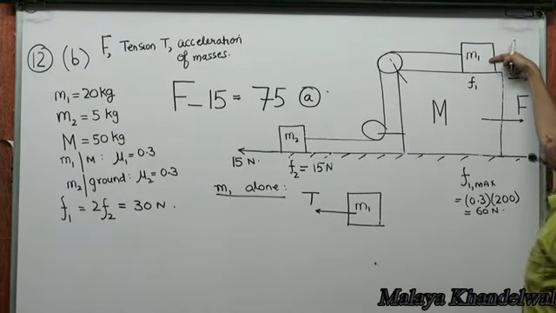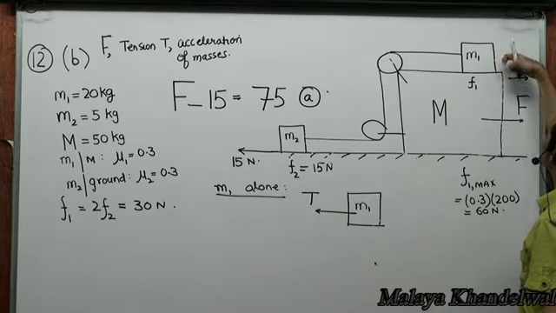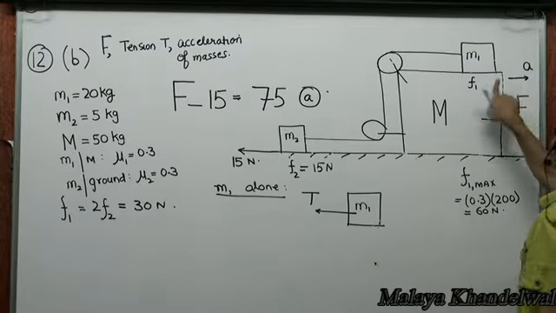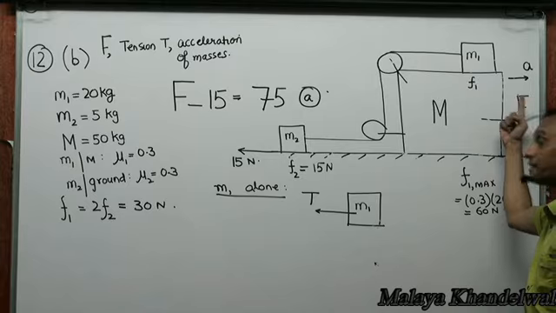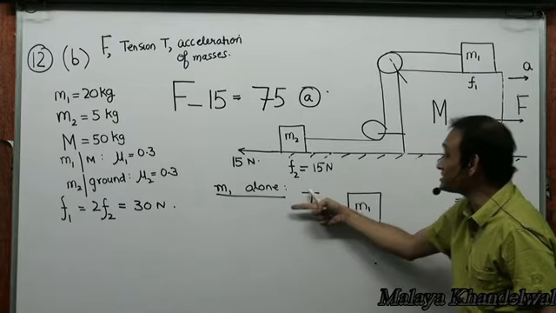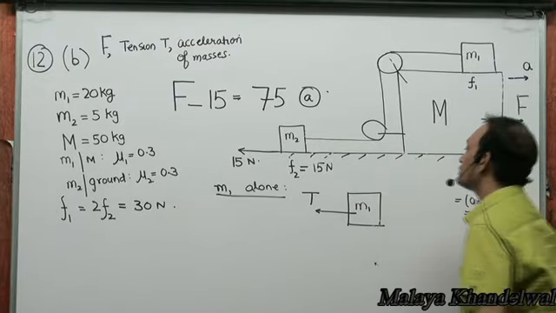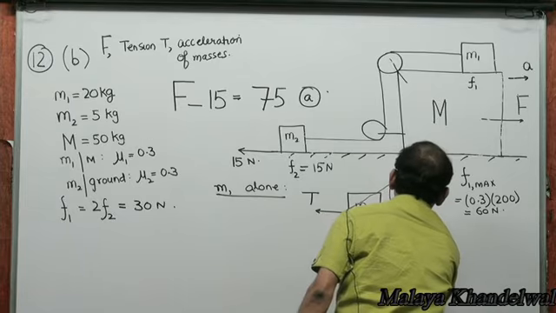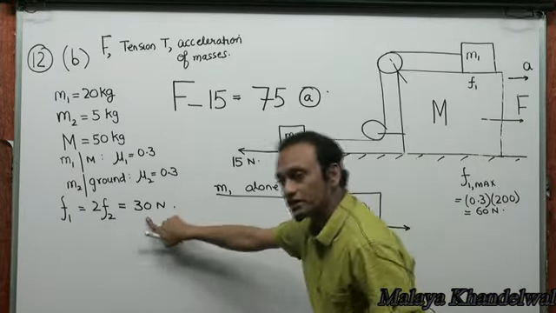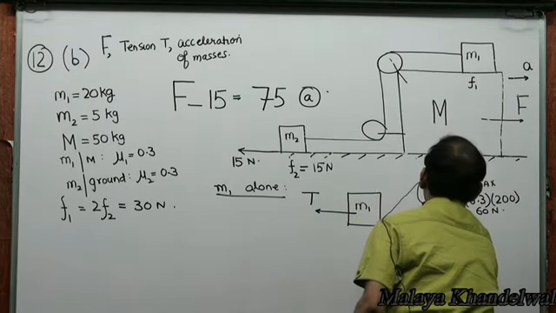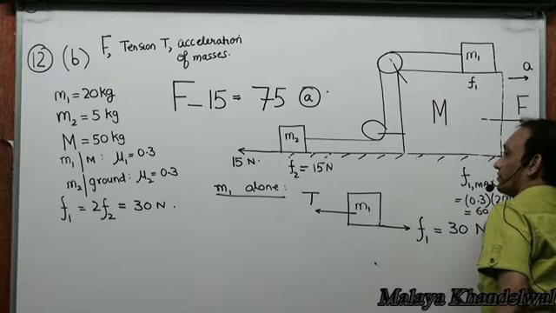What would be the direction of the frictional force F1 acting on M1? It has to be right, because M1 is eventually accelerating with capital M to the right, with the same acceleration A. If both tension and friction were acting to the left, M1 would not drift to the right. So very clearly, friction F1 acts to the right, and F1 we found is 30 newtons.